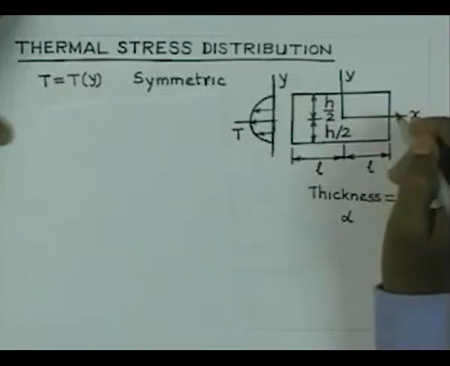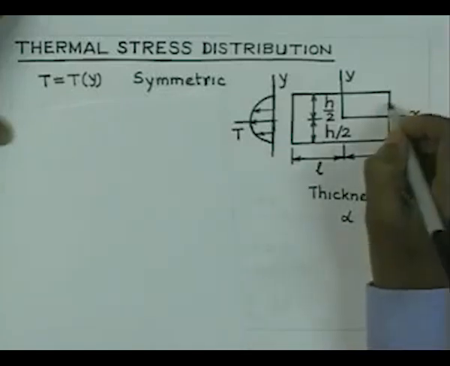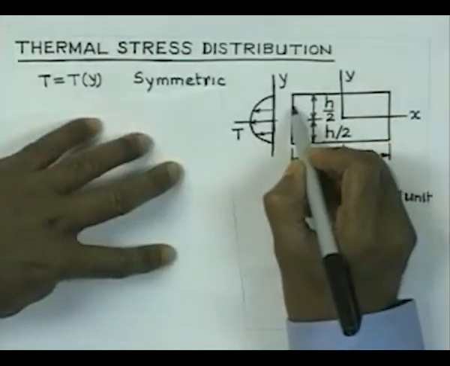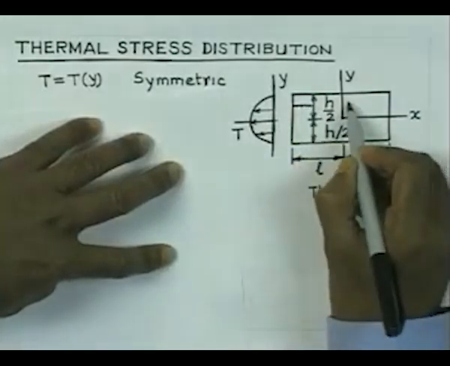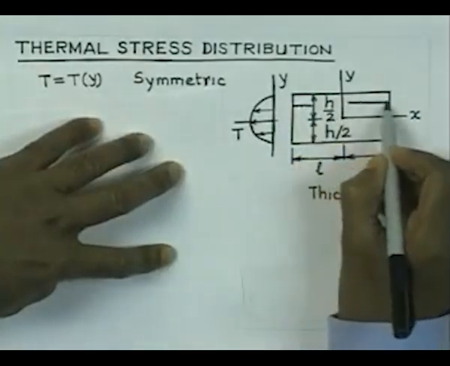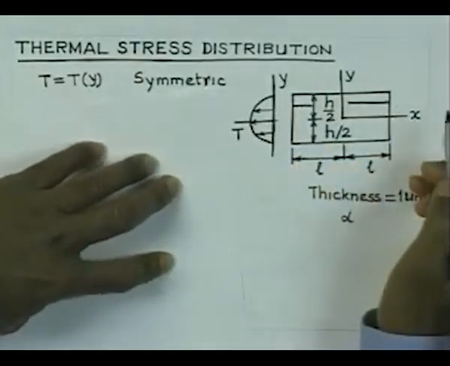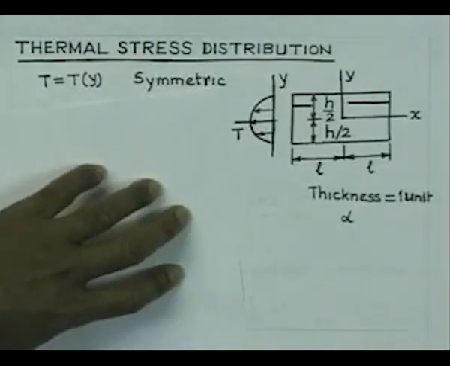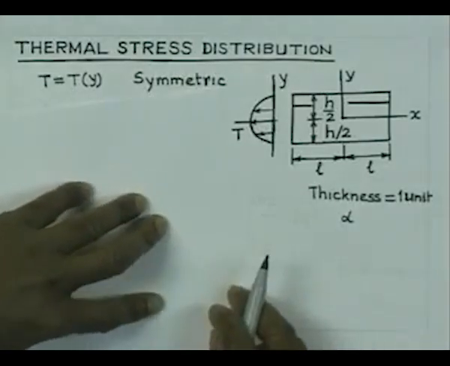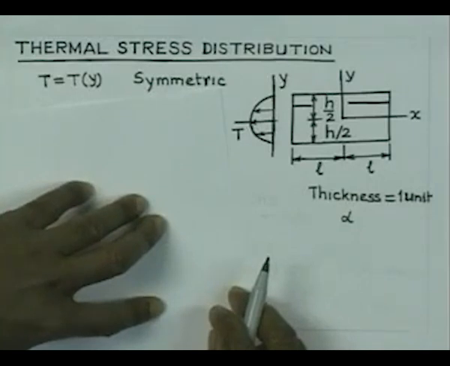And now, if we prevent the expansion of that fiber, so what I am saying is that we are considering a fiber at this level, and this fiber is prevented from expanding, and therefore, there will be a stress which is going to be minus E alpha T, where T is the temperature at that level.